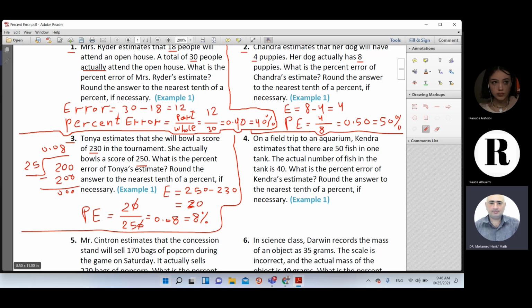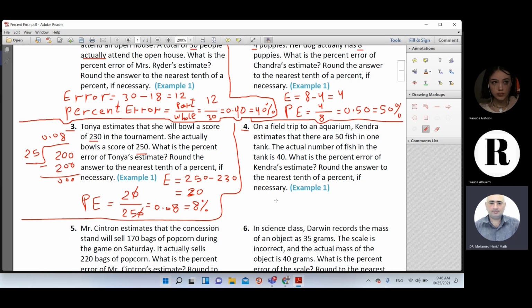Mahra, please, can you read exercise number 4? Thank you. So as you see here, we have two values.